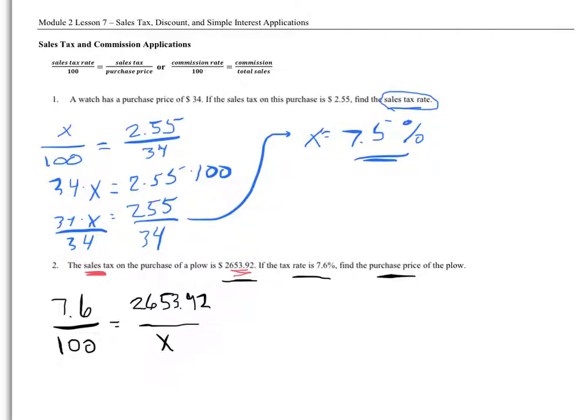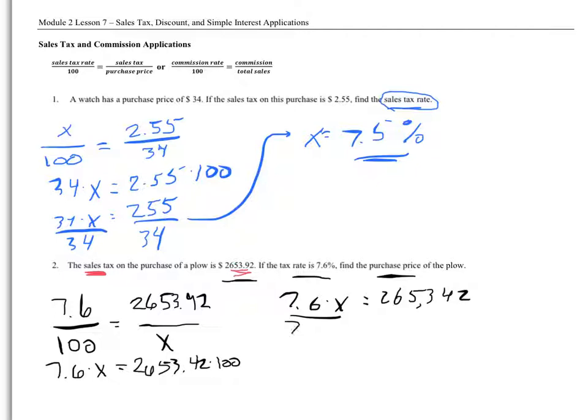Okay, cross products, 7.6 times x equals 2,653.92 times 100. And when we multiply 2,653.92 times 100, you get 265,392.